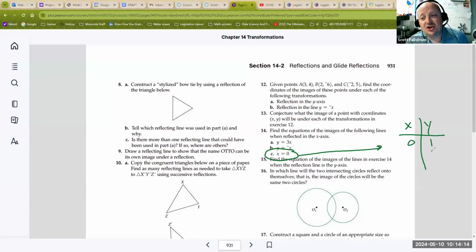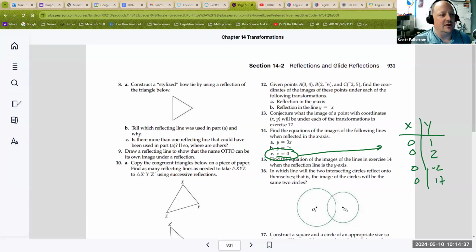Okay, well, let's say y is 2, then x is 0. And what you really understand about this equation is it does not matter what the y value is. The x value has to be 0. So (0, -2), (0, 17). And that's the way this one works.